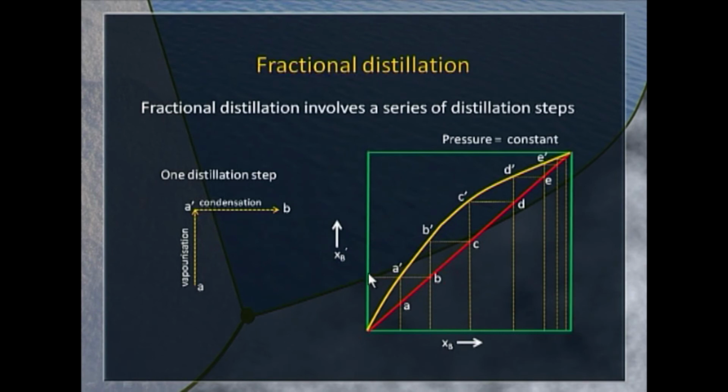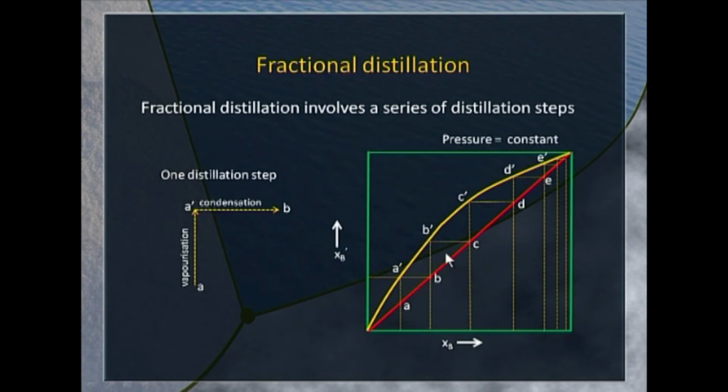You can see that vapor has become richer in B, and if you condense this vapor, the diagonal gives us the composition of the liquid that is expected, and the liquid has now become richer in B, and you can heat it. That means you are bringing about vaporization, and similarly condensation, vaporization, condensation, vaporization, and condensation.